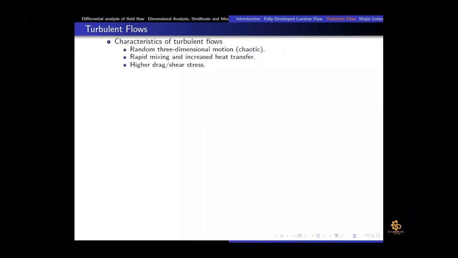But for the cruise speed, because we want some lift and force for the aeroplane, it has to travel at that speed, and unfortunately at that speed it is turbulent flow. That's why fuel consumption is high. It is an active area of research how we can locally make the flow laminar near the aeroplane surface, so that the fuel consumption can be reduced. So these are the characteristics of turbulent flows.